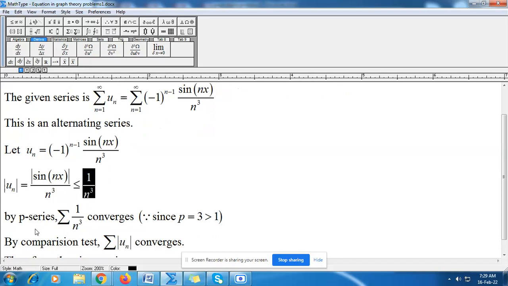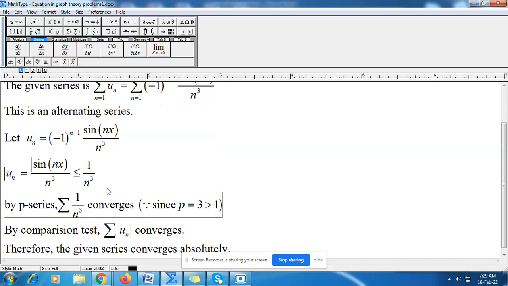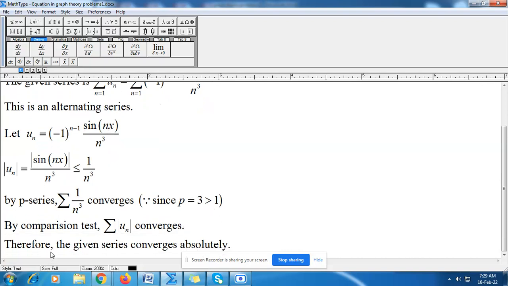By p series, sigma 1 by n cube converges since p is equal to 3, greater than 1. According to the comparison test, sigma mod un converges. Therefore, the given series converges absolutely.